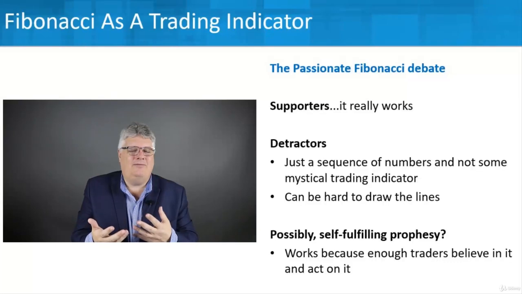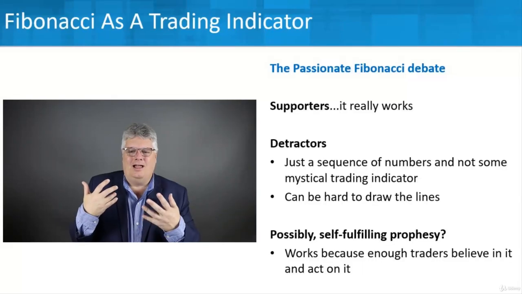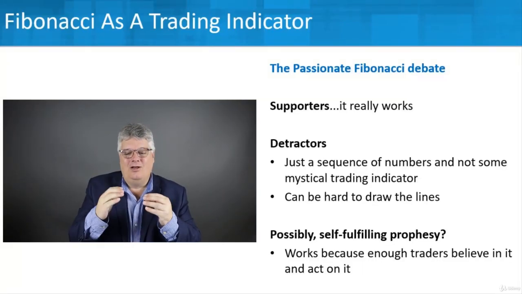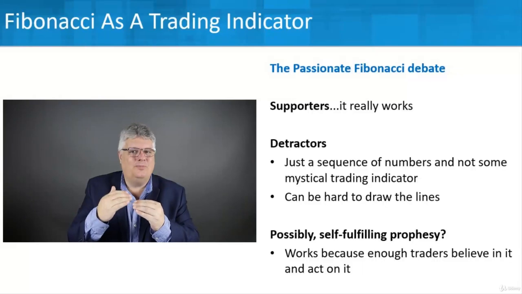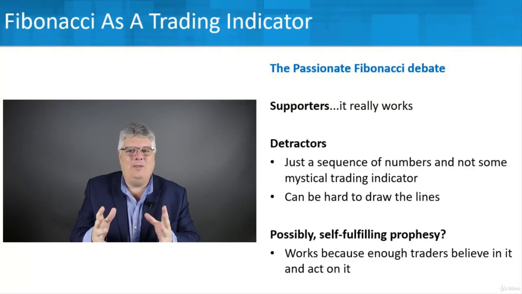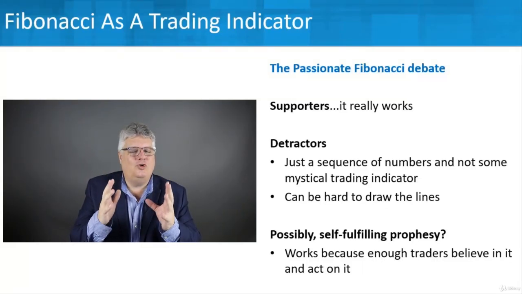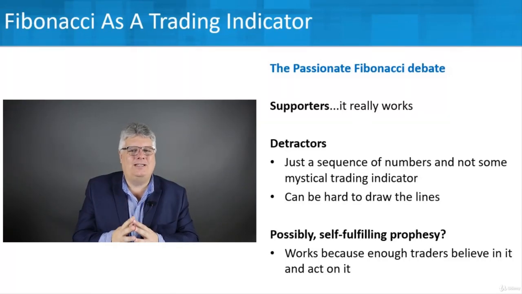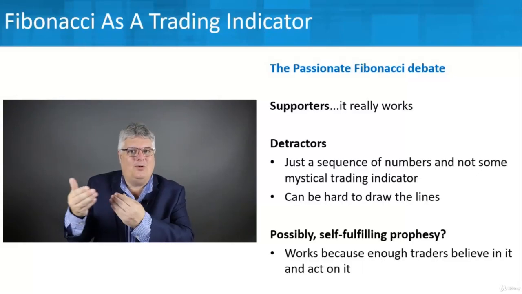And sometimes you have things in technical analysis, I think Fibonacci is one, where it can be a self-fulfilling prophecy, right? Where it works because enough traders are using it and they believe it and act on it. So when a Fibonacci level is being approached or being broken through, there are a lot of people who believe in Fibonacci who see that and are doing things based on that. So when that happens, that means they're buying or they're selling based on that, and that's going to almost prove the indicator is going to work because people are using it.